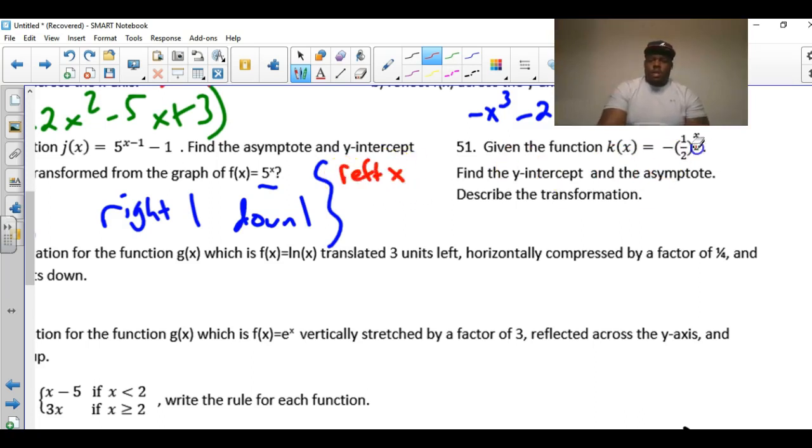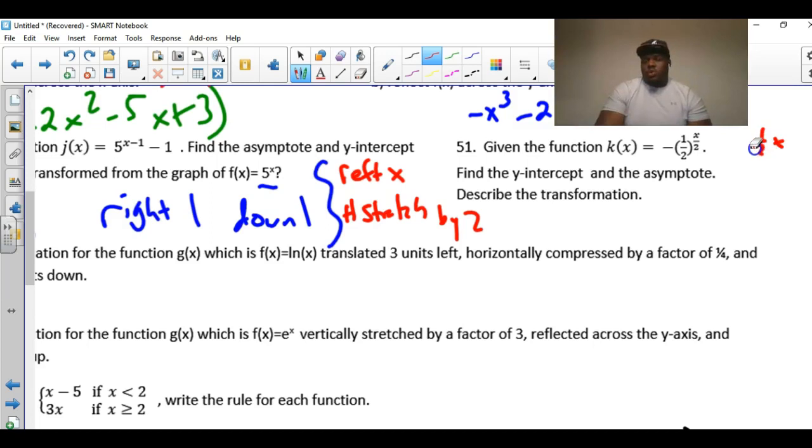But anyway, we got to reflect the x-axis. Reflect x. And then right here, we have a horizontal stretch by 2. Now, it's a horizontal stretch because of that 2 right there. You have 1/2 x, multiplied directly to the x.